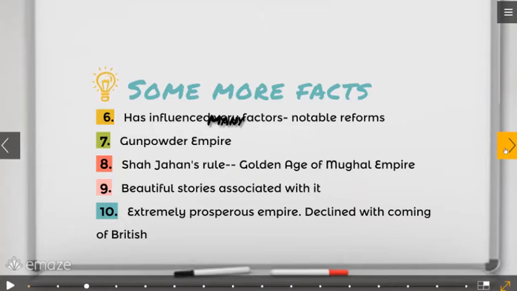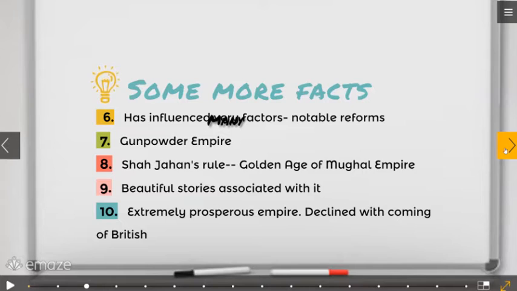His ideologies have left an impact on today's life also. In my later videos on Akbar, you'll come to know how he had ideologies about secularism. Other than that, they have also affected many other sectors such as food.